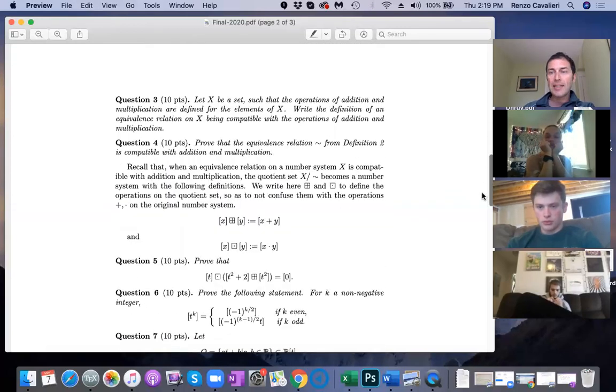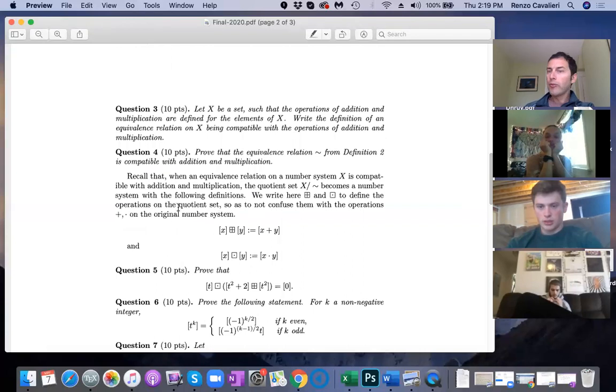And I'm not asking you to reprove the theorem from class that if you have an equivalence relation on a number system compatible with addition and multiplication, then the quotient set becomes a number system. You can just use it. And the way that this number system on the quotient set works is explained by these two definitions.